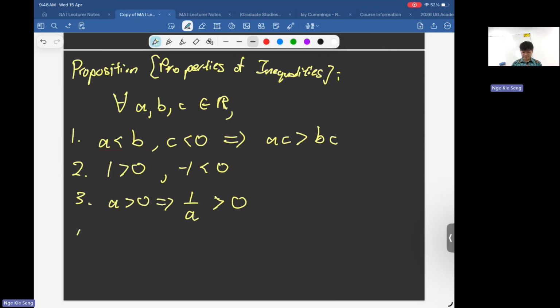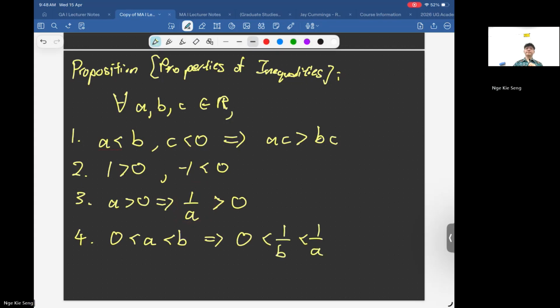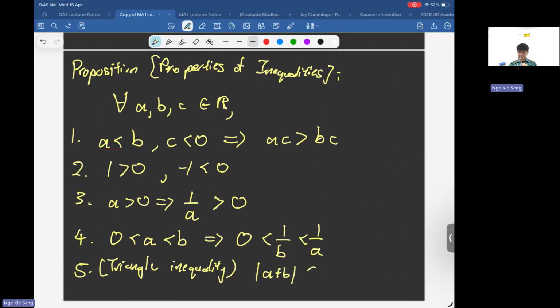But if you have A less than B, and both of them are greater than 0, then both are still greater than 0 after taking the reciprocal, and 1 over B will be less than 1 over A. And finally, the famous triangle inequality you cannot forget in this class: the absolute value of A plus B is less than or equal to the absolute value of A plus the absolute value of B.